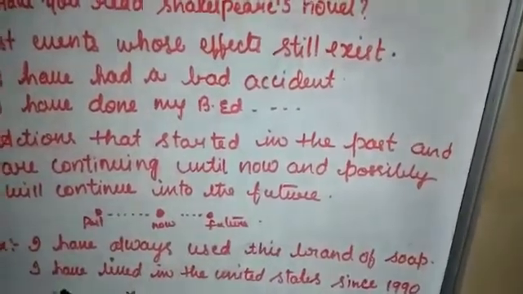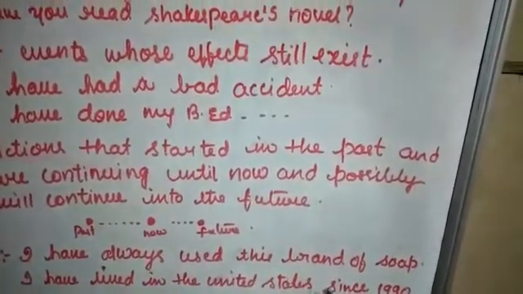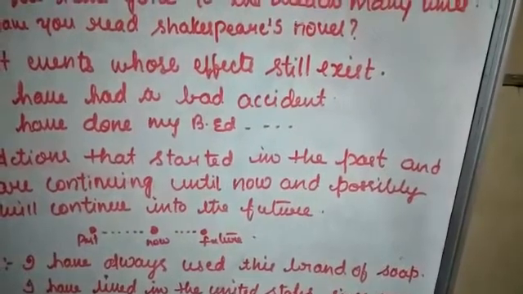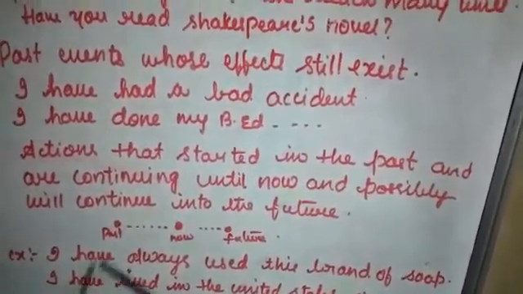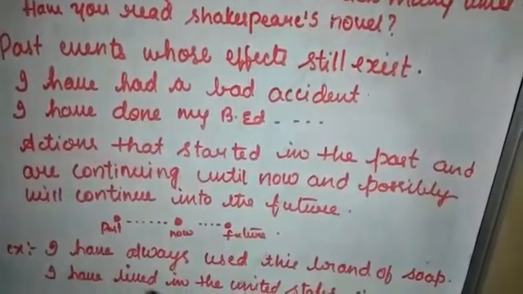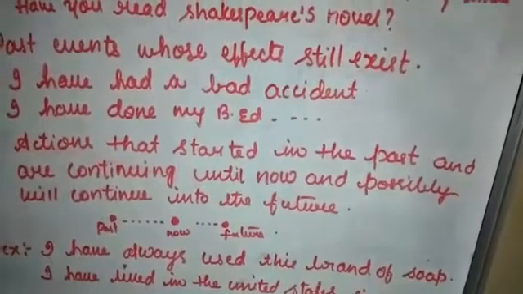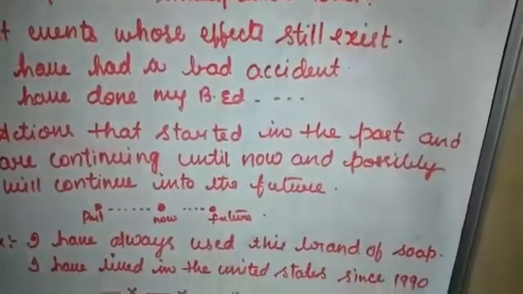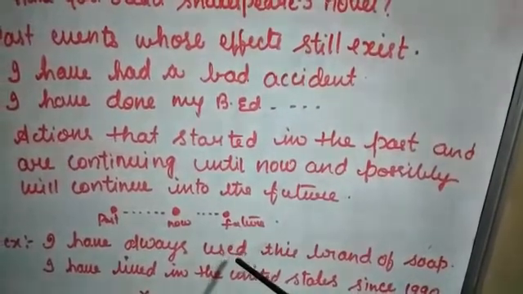Another example: I have lived in the United States since 1990. It means it started in the past, is continuing, and there is a possibility to live in the United States in future also. So these expressions should be in present perfect tense.